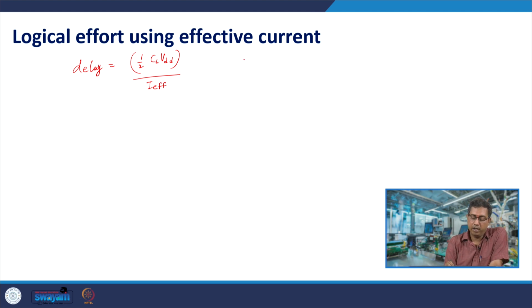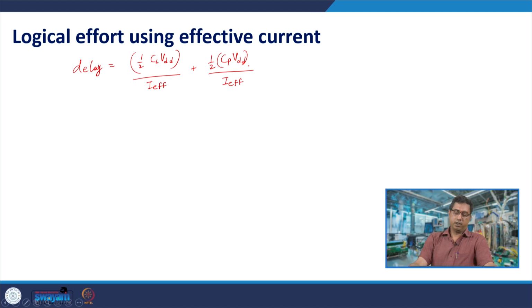And how do we define logical effort? In this, we can also refine this as half Cp VDD, if we want to look at the total output capacitance as a combination of the load capacitance and a parasitic capacitance. We can also write it as this, isn't it?